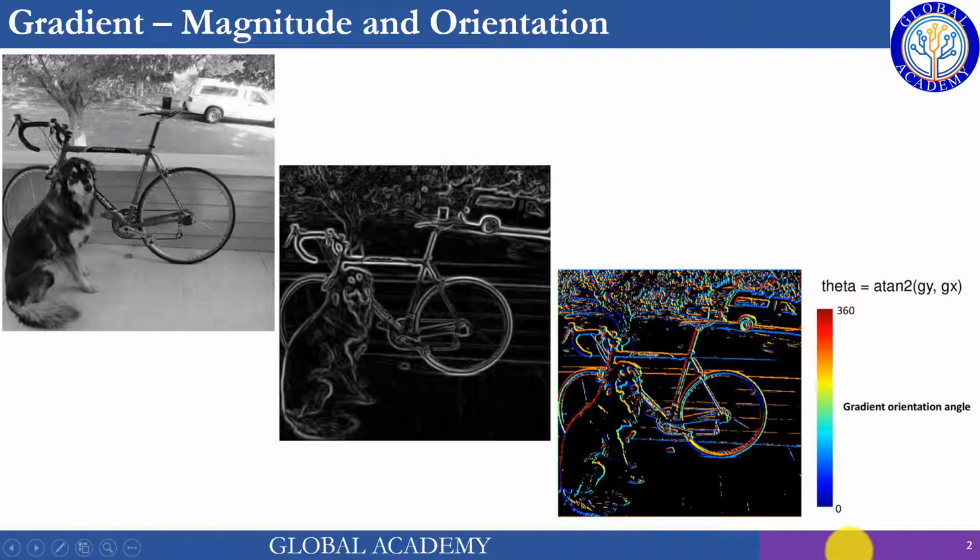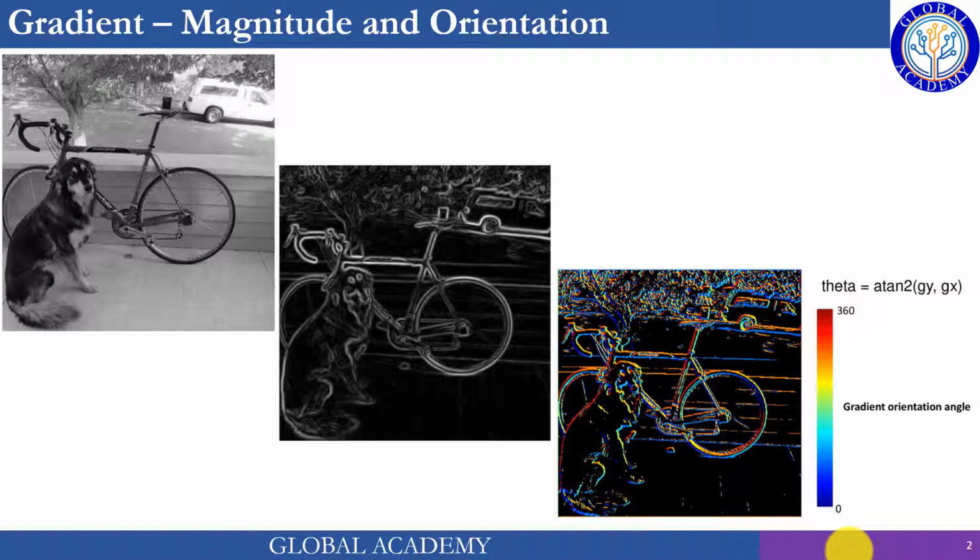So one slide for revision. This is the last topic we discussed: gradient. Gradient is a little bit different from all the operations we did throughout this course, like point pixel operation or mask operation, the smoothing and the Laplacian.